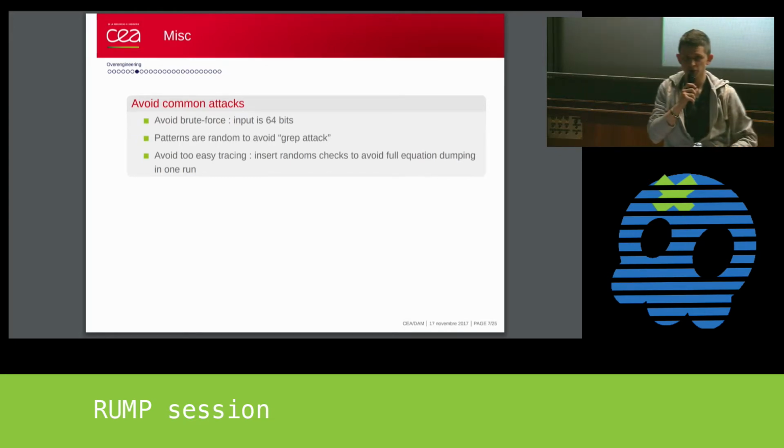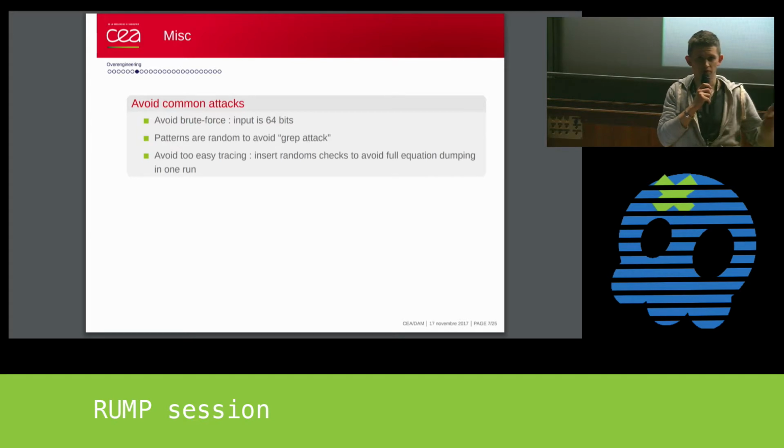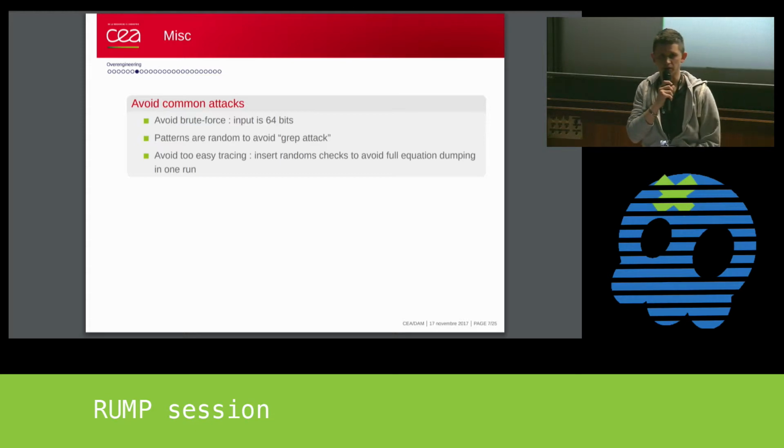We also want to avoid common attacks. For instance, to avoid basic brute force, the input is 64 bytes, sorry. The patterns are random to avoid the so-called grep attack. And we want to avoid too easy tracing. If someone is just tracing the program from the beginning to the end, we don't want it to reach the final equation.